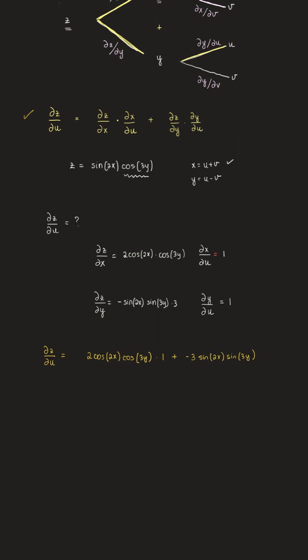So I'm just going to erase that 1, and most likely, because our independent variable is u here, it would be nice to write our final answer in terms of u and v.